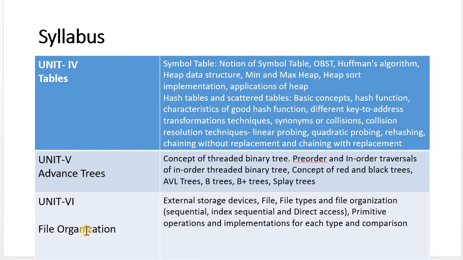And unit 6 finally covers file organization. There are different types of files, different organizations like sequential, index sequential, direct access, and the primitive operations on the file. Now there is an online exam up to unit 4 and the final end-sem exam on all units.